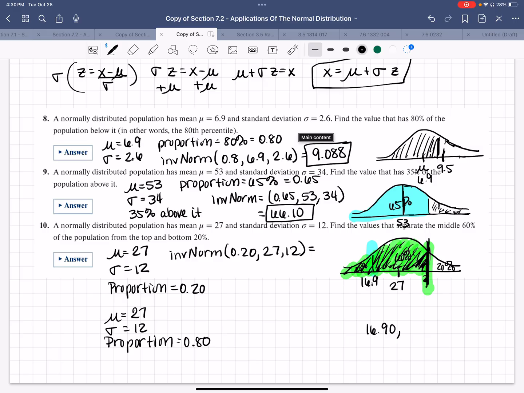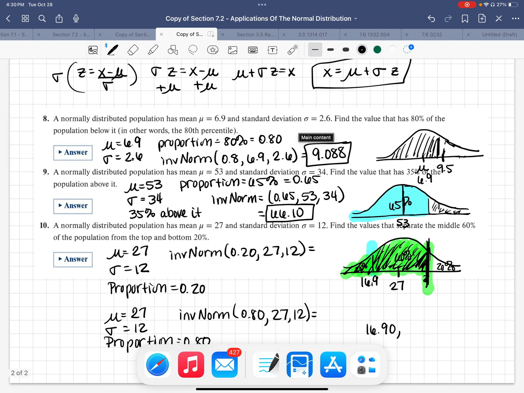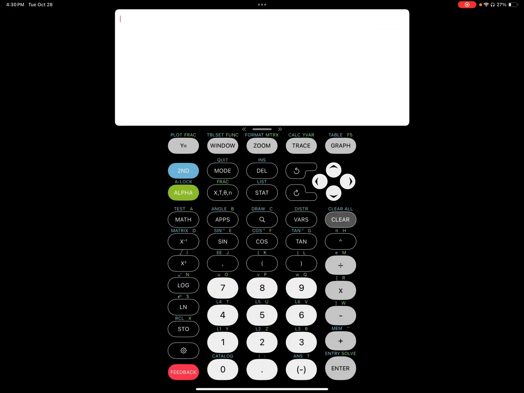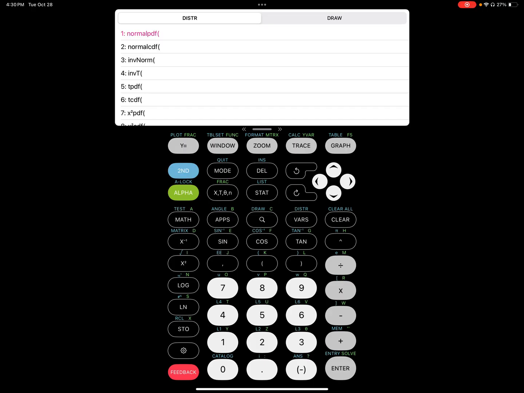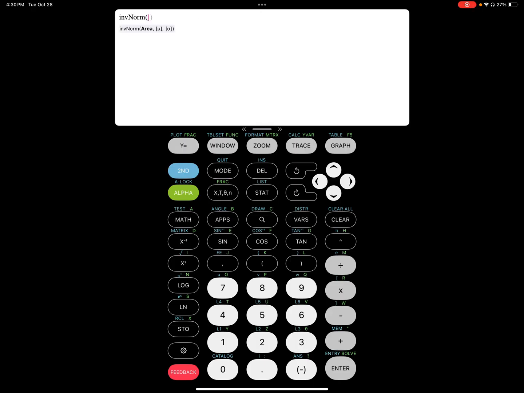So I've got inverse norm, 0.80, 27 and 12. I go back over to my calculator. I've got second vars, number 3 for my inverse norm. I've got 0.8 because it's 80% of my population.